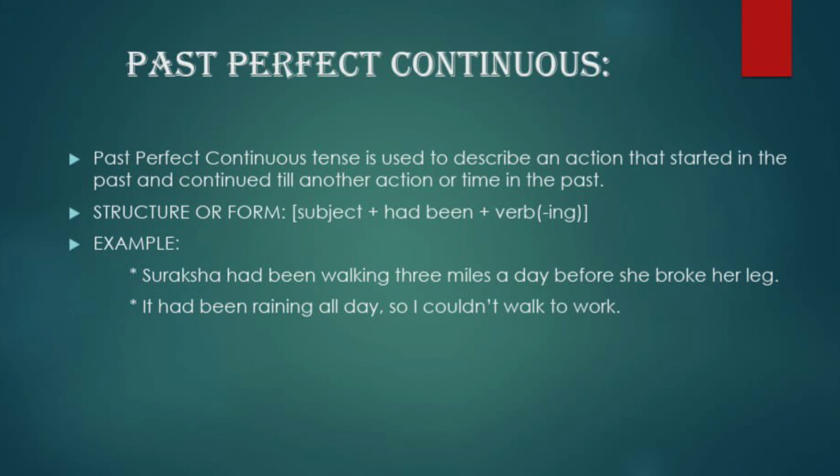The structure of form is subject plus had been plus verb in the ing form. For example, Suraksha had been walking 3 miles a day before she broke her leg. It had been raining all day, so I couldn't walk to work.